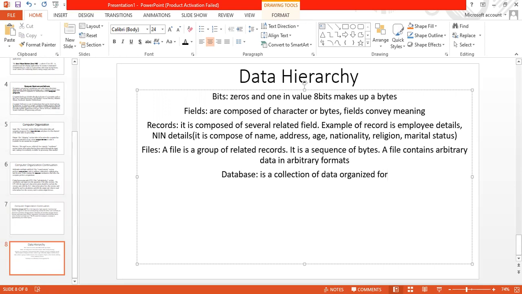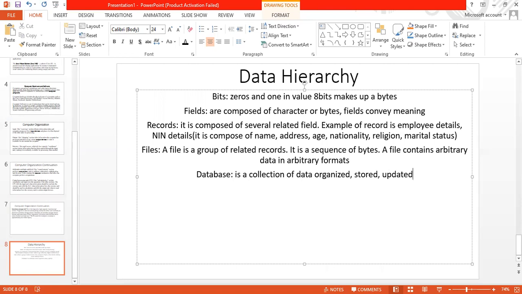But in all, what is a database? A database is a collection of data that is organized, that can be stored and updated. We can update it.